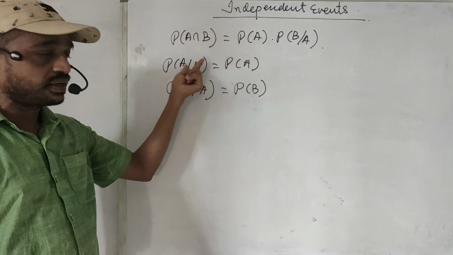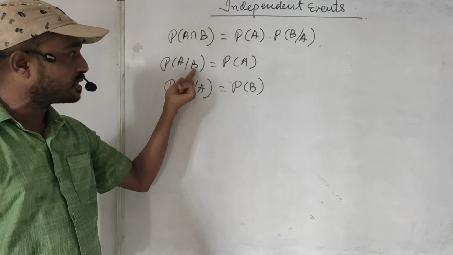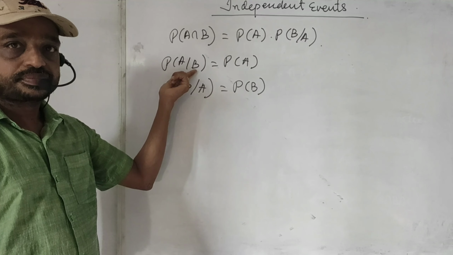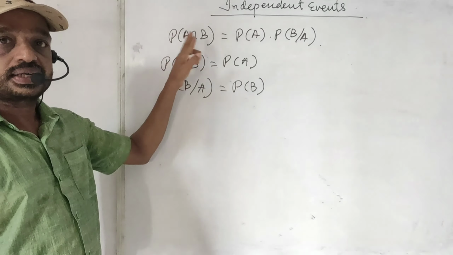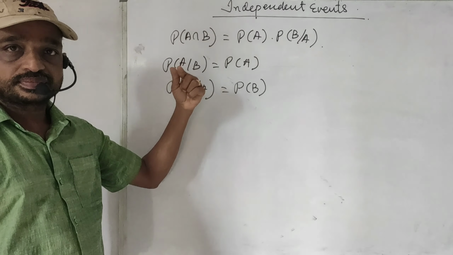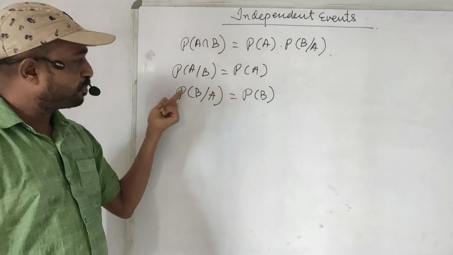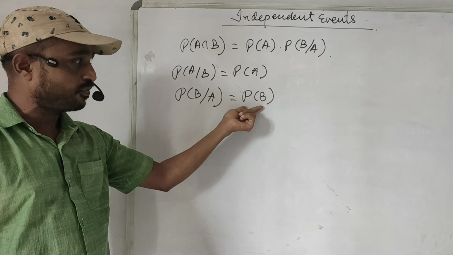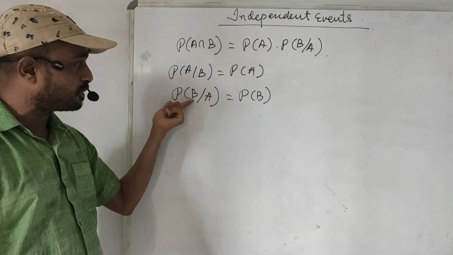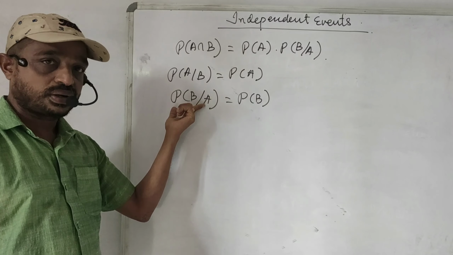Then from here we can easily understand that the occurrence or non-occurrence of the event B does not affect the probability of occurrence of the event A. Is it clear? And in this case, P(B | A) = P(B). What is P(B | A)? It is the probability of happening the event B if the event A has already happened.